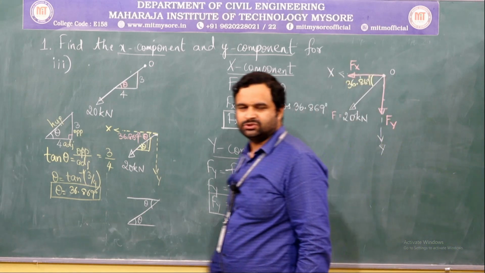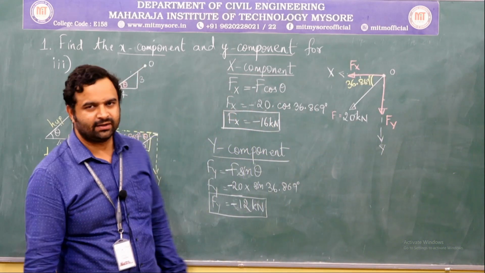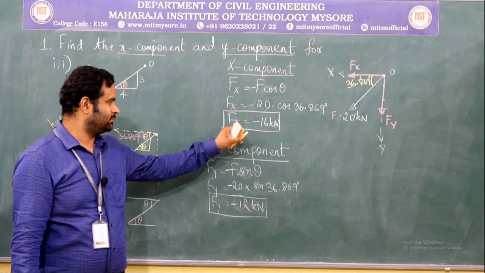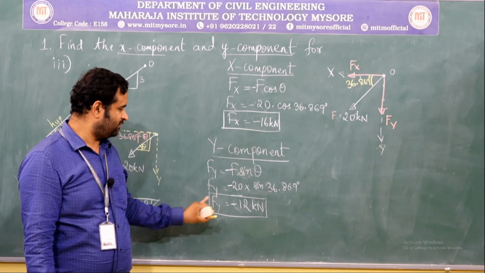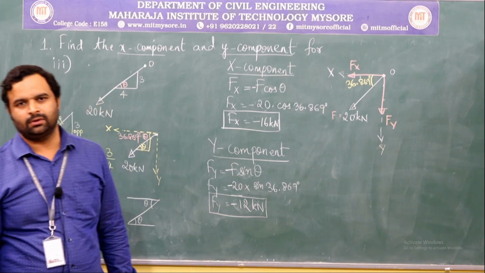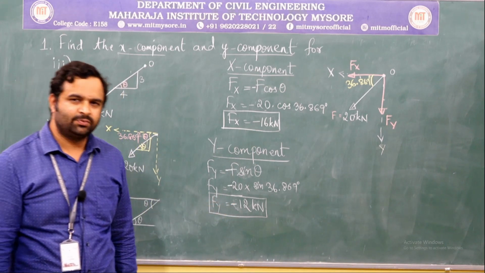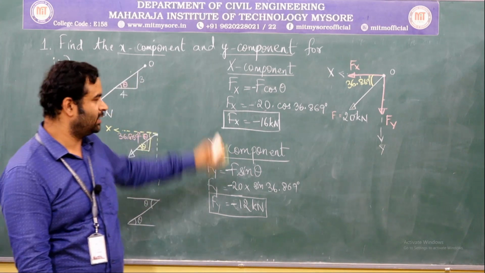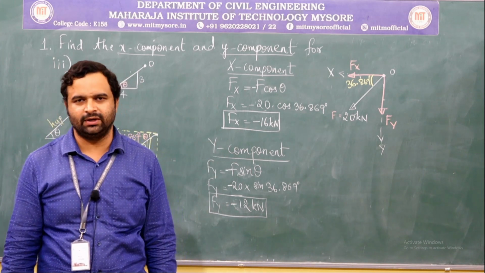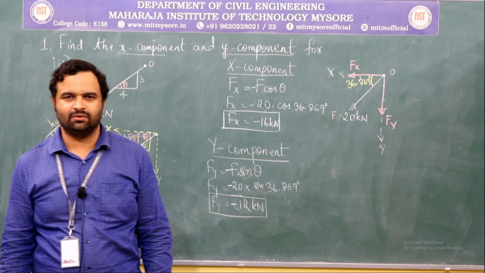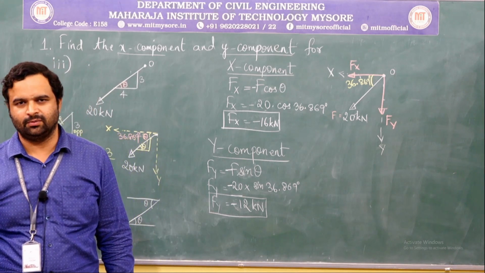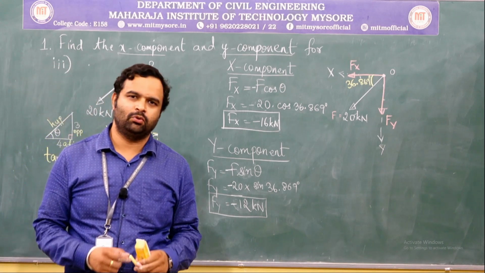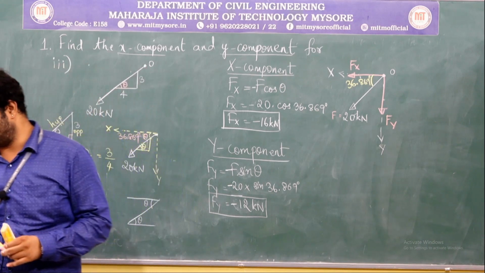So, substitute the values of F and theta, and you will get Fx equal to minus 16 kilonewton, Fy is equal to minus 12 kilonewton. In the previous problem, I guess I had missed the minus when I wrote the Fx component. Please add the minus in the previous problem. Okay? Next, let me move on to the next problem.